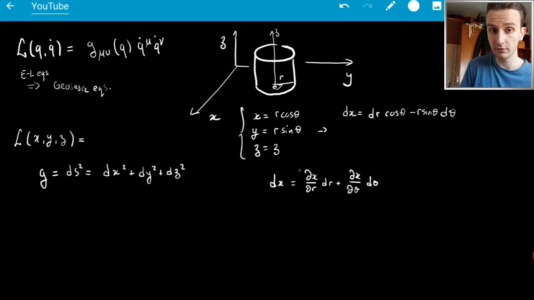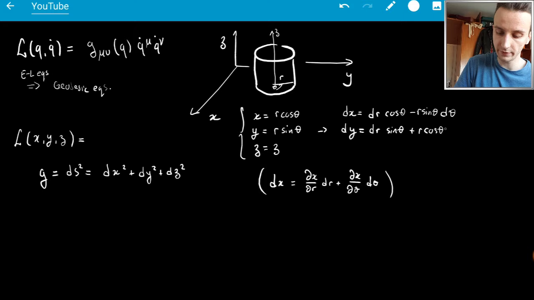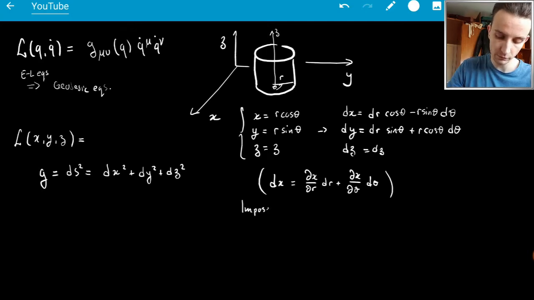And I'll do that for all three. So dy is dr sine theta plus r cos theta d theta, and dz just stays dz. Okay, so we plug that into g, but not before I impose r equals constant, so dr equals 0.